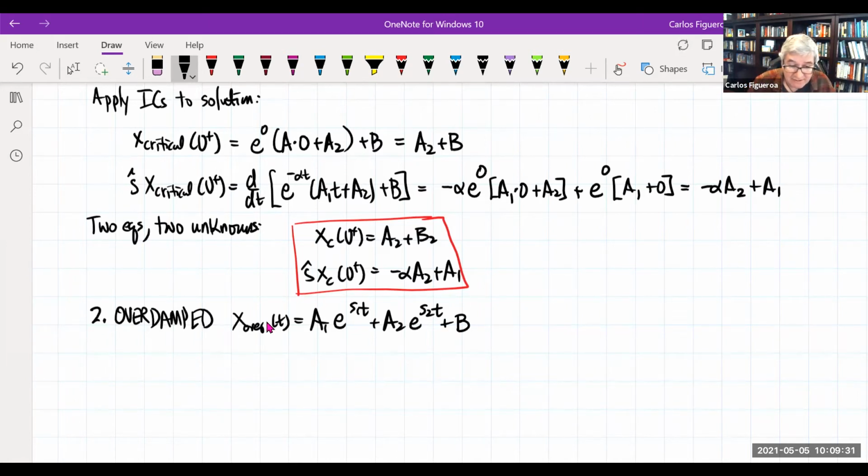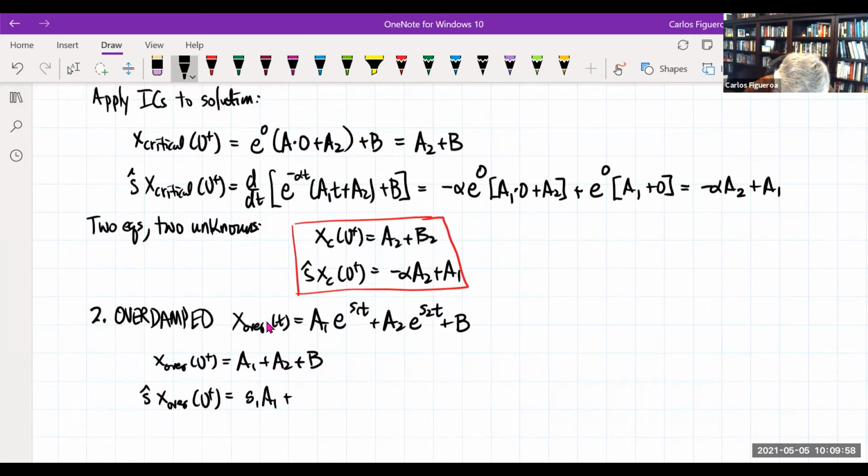So if I just write this out quickly, we could see that at 0 plus it is going to give me this, since the exponentials give you 1. If I take the derivative of this thing, then there's nothing fancy about this, right? I just get S1 and S2, then the exponentials give me 1, so I'm going to get S1 A1, S2 A2, and here's my two equations right here.